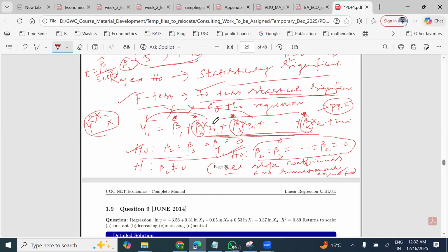They are unknown, and you know only beta 2 hat, so ultimately you will use beta 2 hat. But you write it like this because you are talking about the hypothesized relationship regarding your population parameter, not the estimator. Through the estimator you draw inference regarding the parameter. Is it clear? Yes, sir.